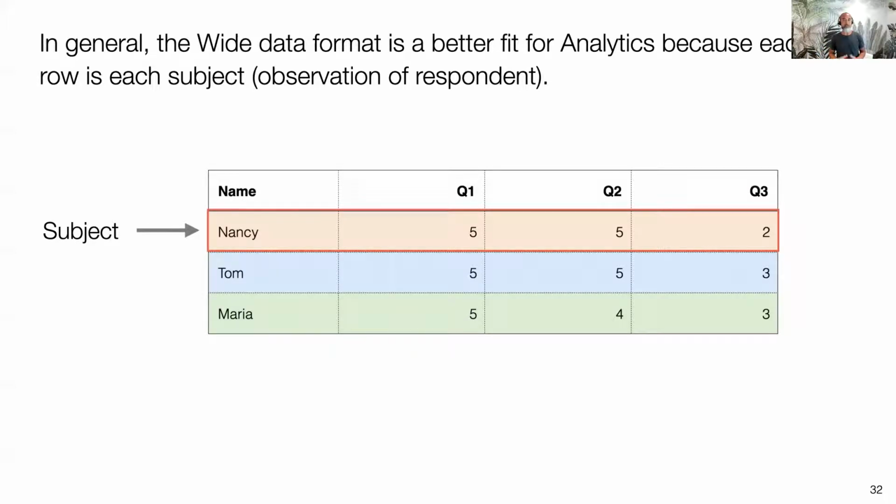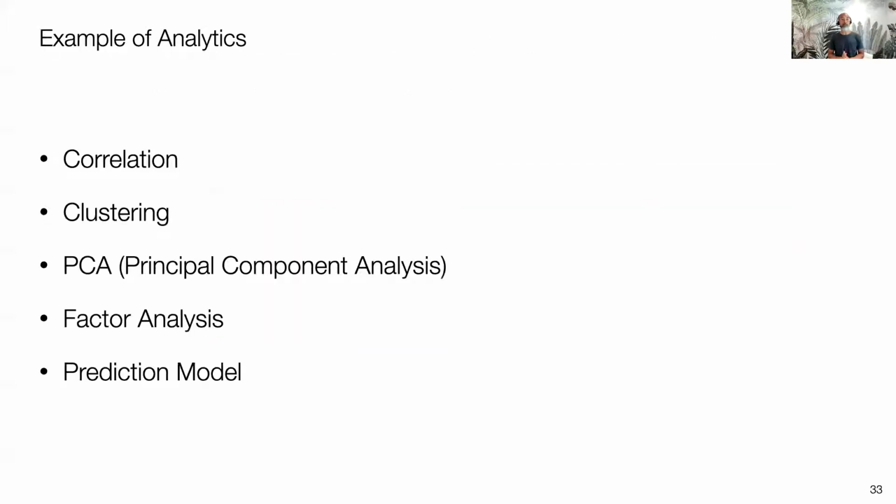So in general, this type of wide data format is a better fit for analytics because each row is each subject. And what type of analytics are we talking about? Well, correlation and clustering, PCA, factor analysis. These are the kind of analytics methods that you can use for survey data analysis, and also prediction models.